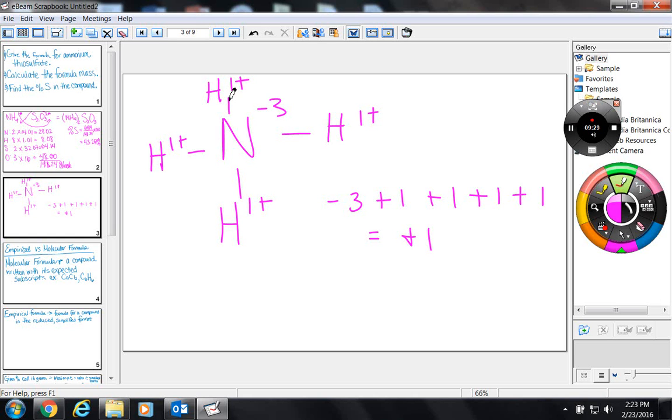All right, where we're headed today. We're going to talk about objective 6, which is empirical versus molecular formula. We're going to recap Wednesday and Thursday. If there is stuff between any of the objectives, with the exception of objective 7, that after today you feel like we haven't covered well enough, write down your questions, and tomorrow and Thursday we're going to go back over them.